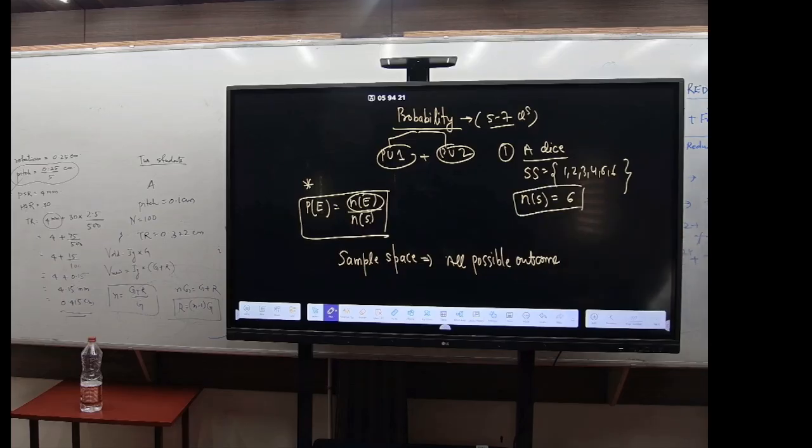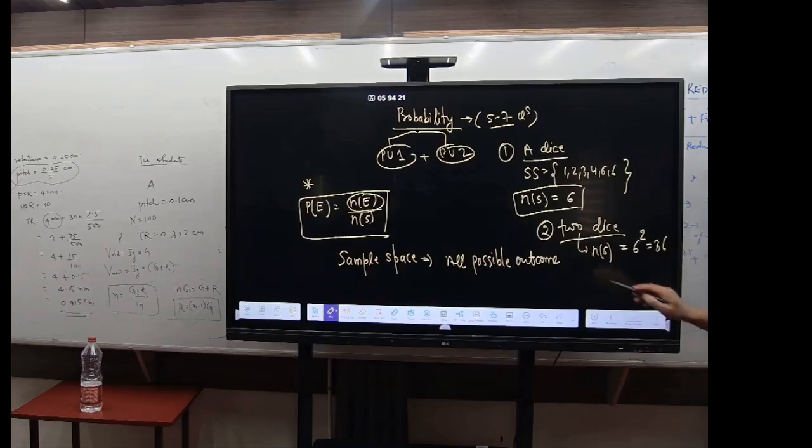So if I roll a dice, the sample space is 6. If I roll 2 dice, what will it be? One is called a die, two are dice. Now if I am rolling 2 dice, the sample space is 6 square, which is 36.